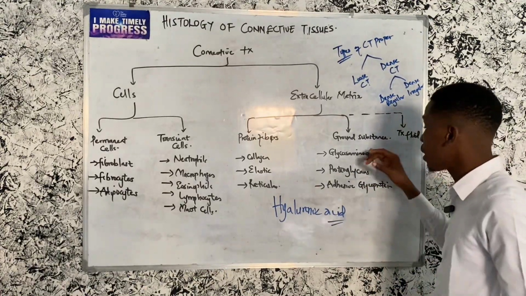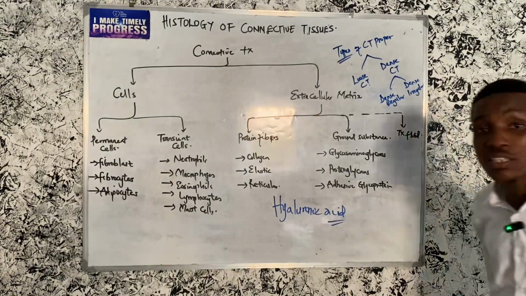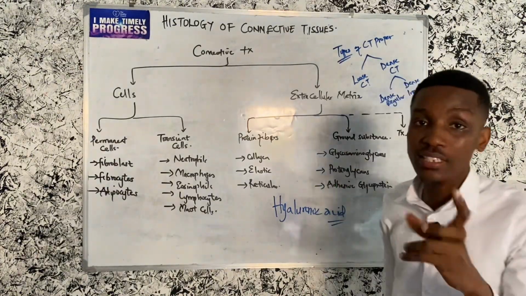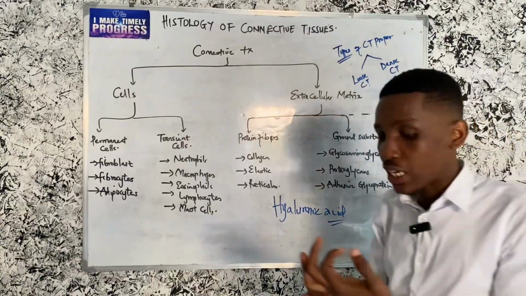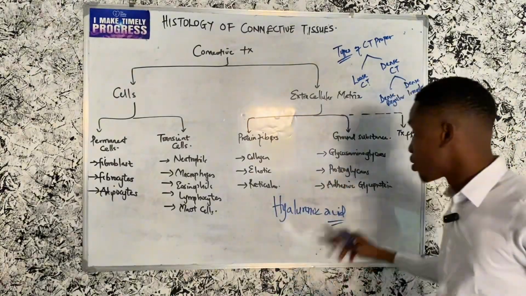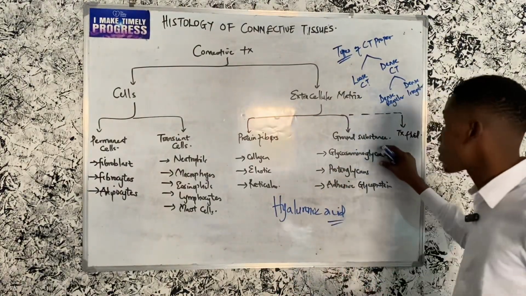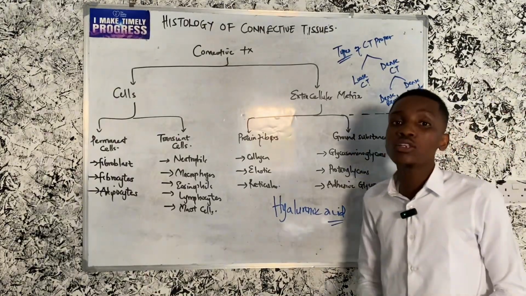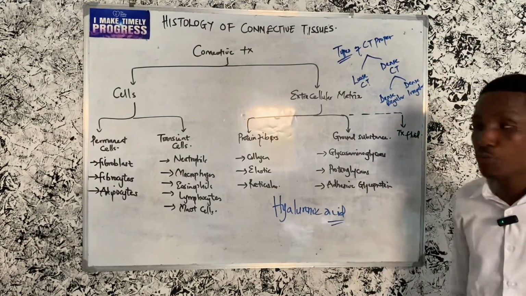Now, glycosaminoglycan number 1, which is hyaluronic acid, is the most abundant, but yet it does not bind with sulfates and it does not form protein aggregates.